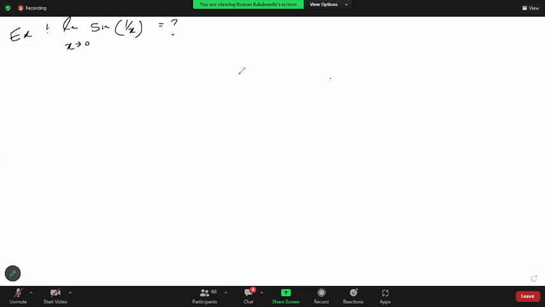Here we have trouble. We don't have any method to simplify this and directly tell the answer, or directly say that it does not exist. So this is a very terrific problem, right?